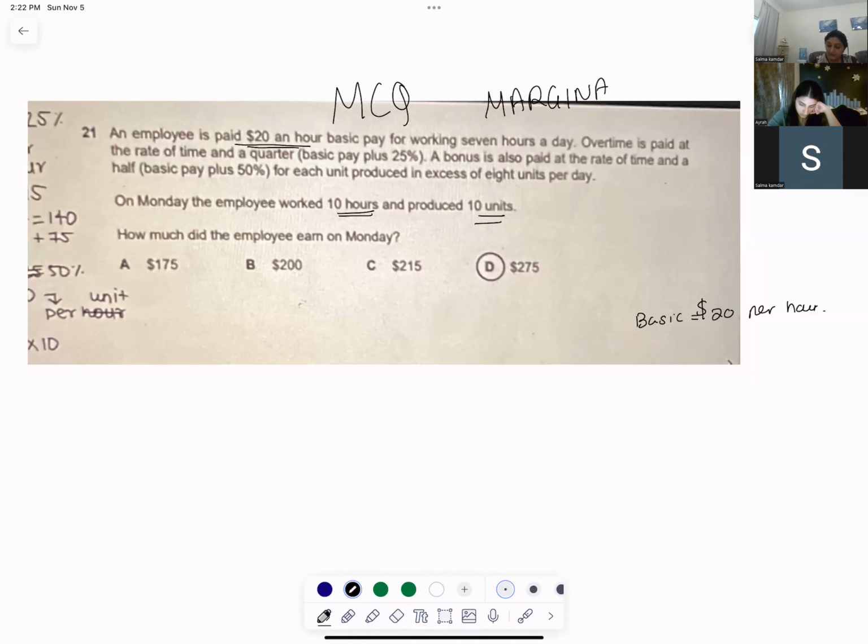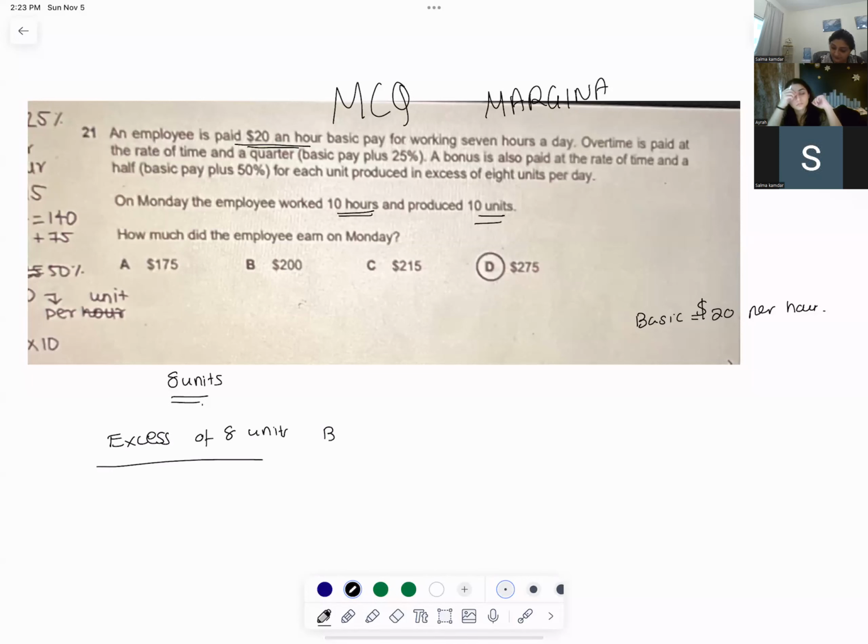So if you produce 8 units, you are not going to be paid anything extra. But if you produce in excess of 8 units, you are going to get a bonus. Are you with me?